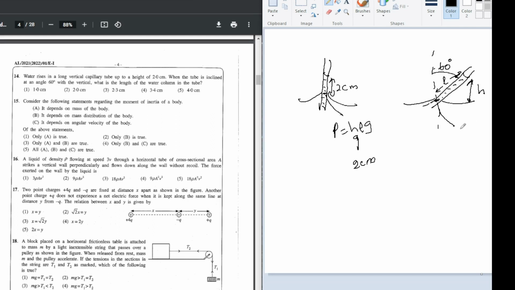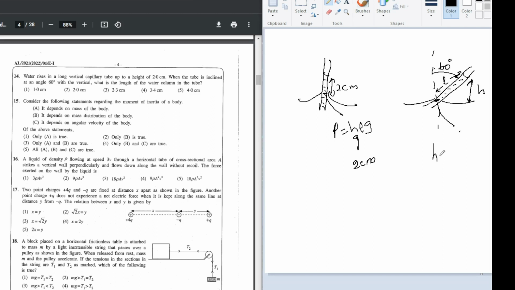To get the same pressure at P, this H must be 2 centimeter, because 2 centimeter gives this pressure. So in 1 and 2 the liquid pressure must be the same. So H here also must be 2 centimeter. L is the length of the water column in the capillary tube here.